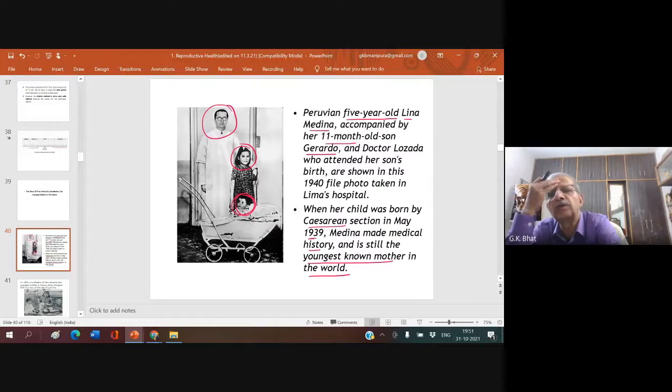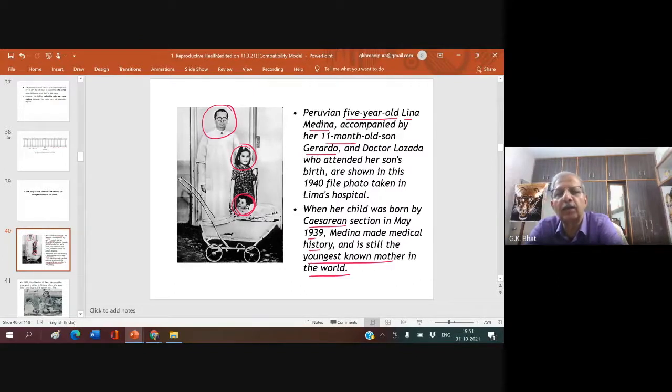How is it possible? Generally one gets menstruation at the age of 10 or 11. Until then, there will not be any fertile womb or primary or secondary sites.